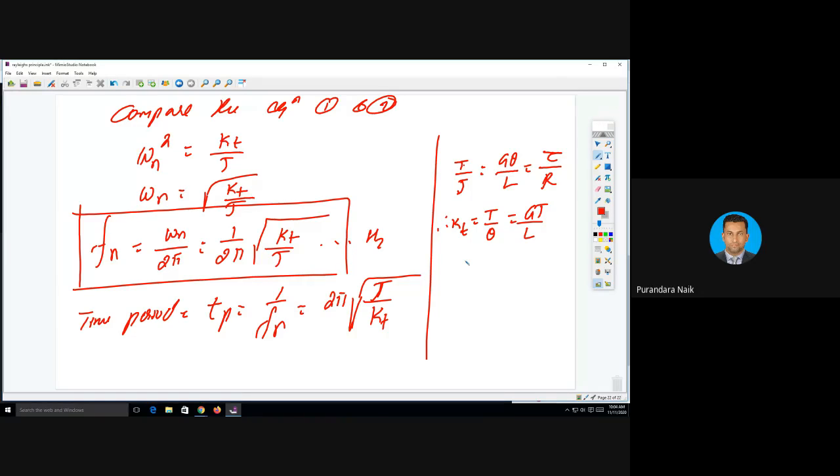You can find out the value of K_t if you know the value of torque and theta, or G, that is the modulus of rigidity, polar moment of inertia, and L. What is the J value? G into J is pi d square by 32, divided by L.